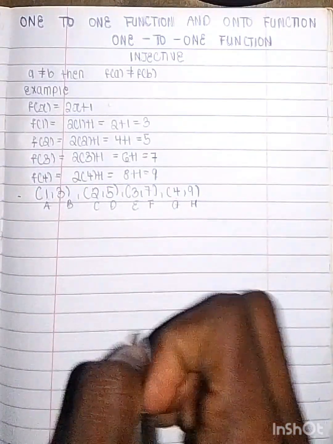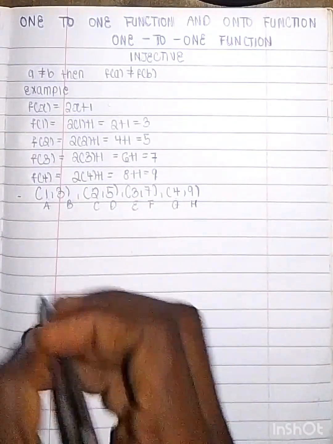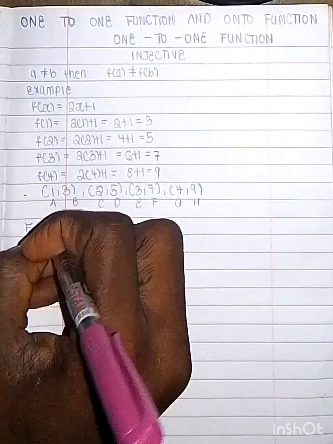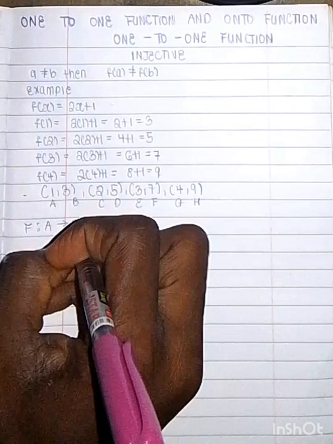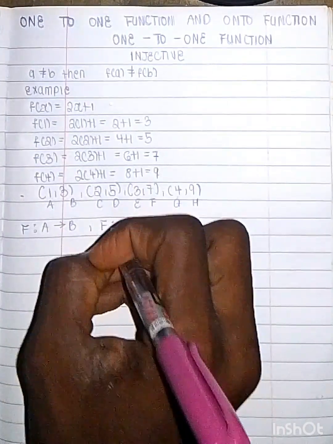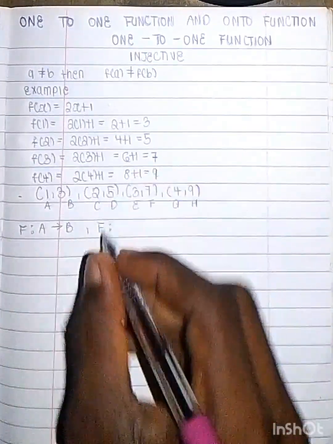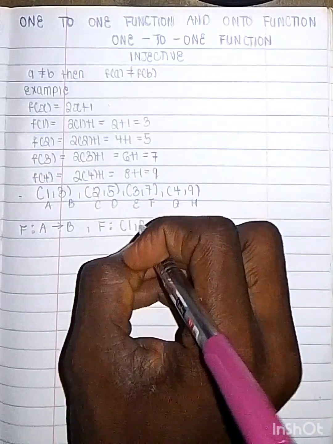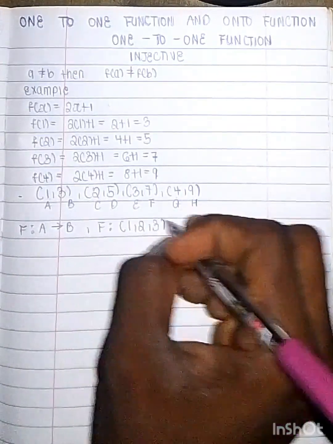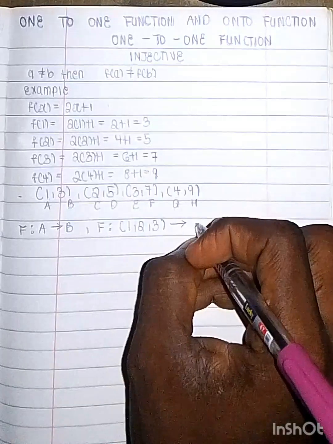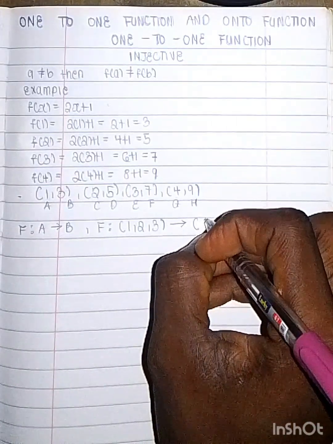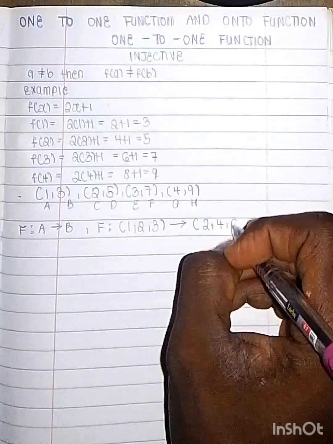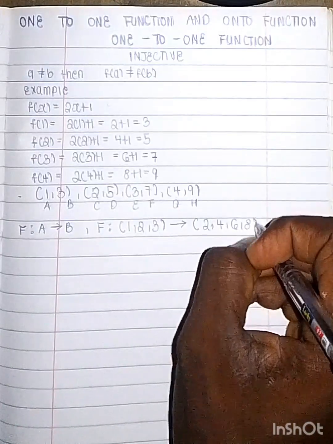Now, for example, we can have a function f from A to B. Here the domain is given already. The domain will be 1, 2, and 3. Then the codomain will be 2, 4, 6, 8.